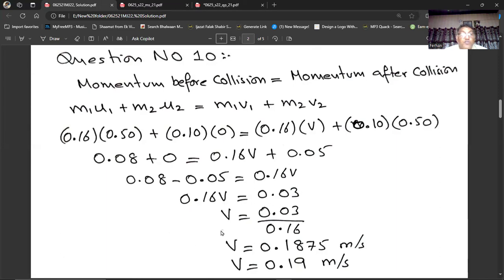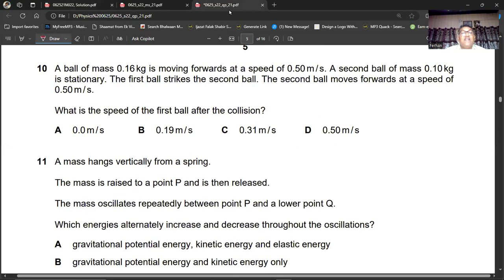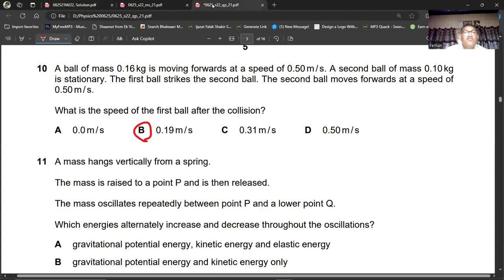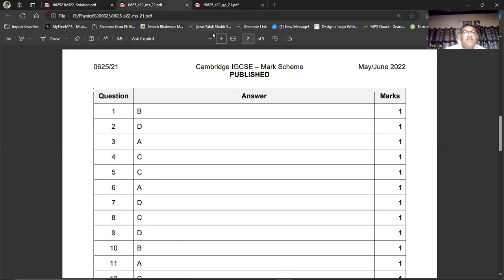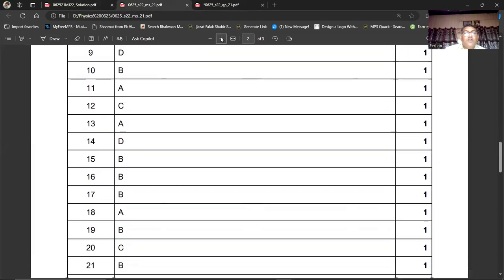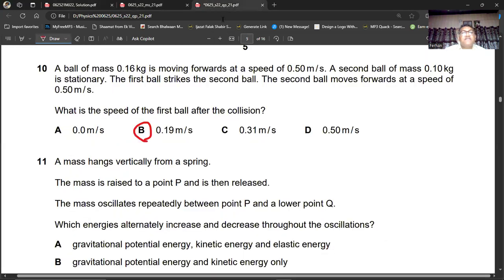So V will be equal to 0.03 divided by 0.16, and that velocity is 0.1879 meters per second. In two significant figures, it will be 0.19 meter per second. So I think B is the answer, sir. Question number 10, B is the right answer.